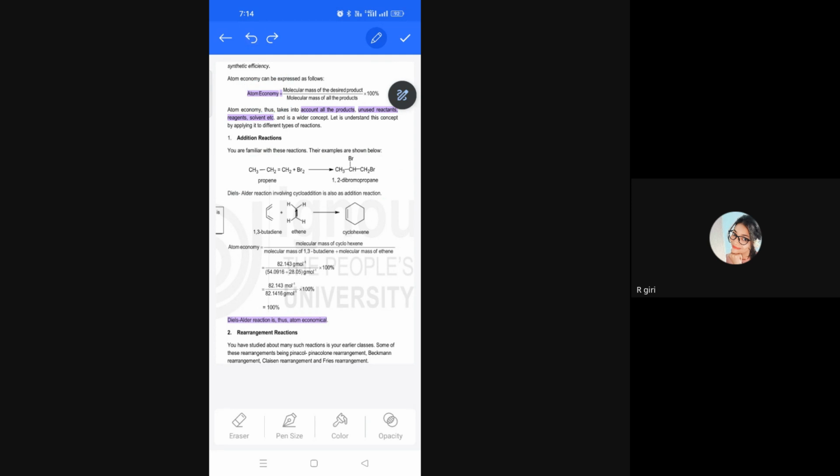First, you should calculate the mass of the product. Then we will calculate the mass of the reactant and divide it and make into percentage. Then if it is 100%, then it is definitely addition or rearrangement reaction.